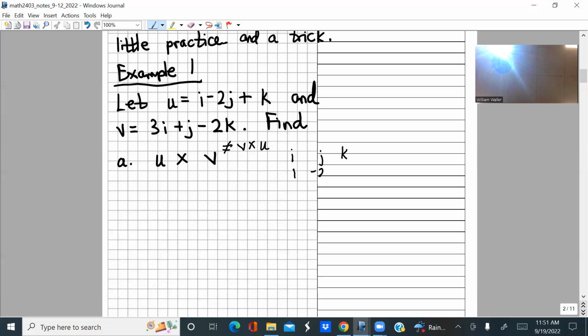It's 1, -2, and 1, so that goes in the second row. And then the coefficients of v are 3, 1, and -2. Make sure you get the coefficients in the proper column: the i coefficients go in the first column, the j coefficients in the second column, and the k coefficients in the third column.